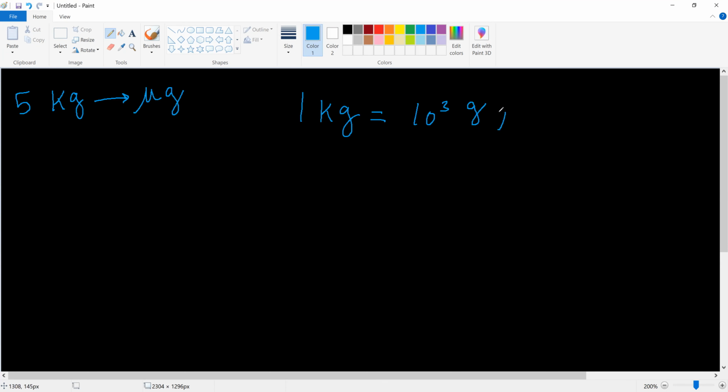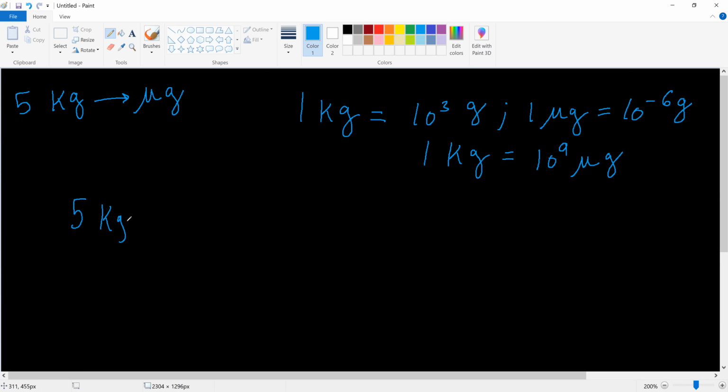We also know that 1 microgram is equal to 10 to the negative 6 grams. Therefore, this conversion is actually going to be 1 kilogram is equal to 10 to the 9 micrograms. How? Well, let's go ahead and plug it in.